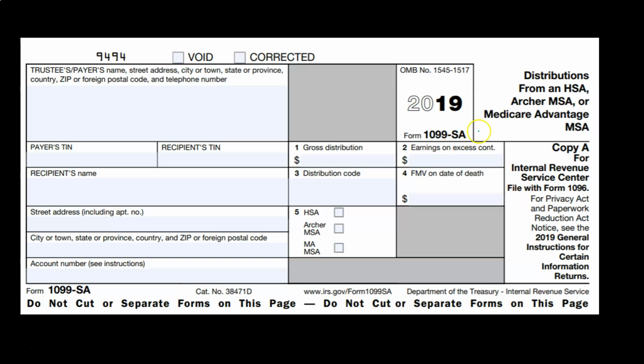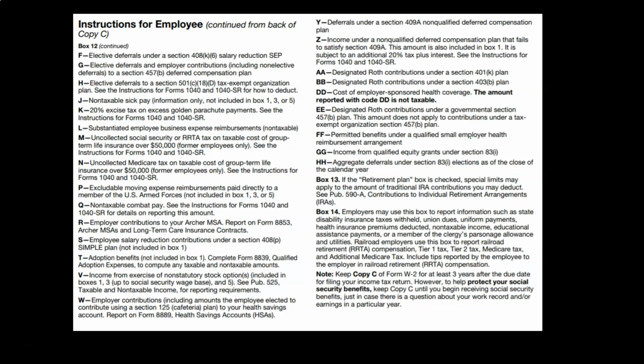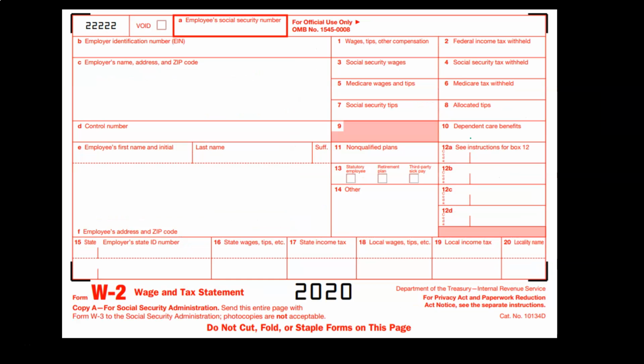So your thought here is, well, now it's a 1099 because the money came out of the account. And the question is whether or not I need to record it in income because you have the 1099, and you have to look up and see whether or not you spent the money in accordance with the rules of the health savings account and so on. But we're going to be focusing in on the contributions at this point in time, the point in time that we're going to be getting the deduction.